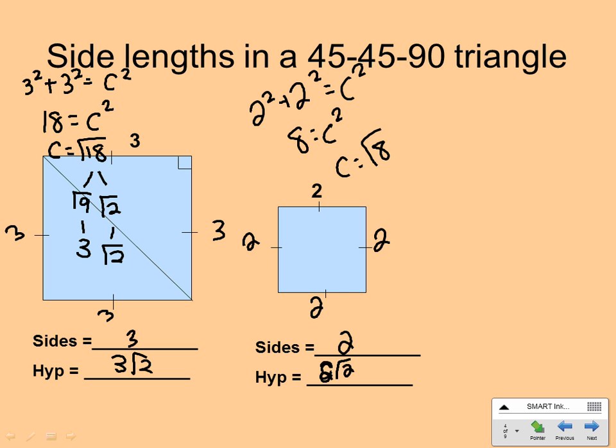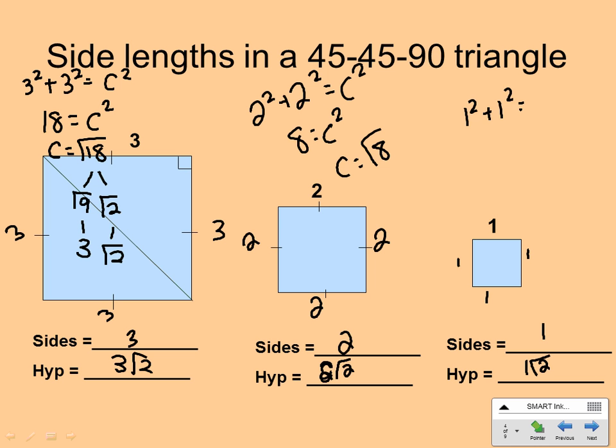See a pattern? What about side length of 1? I can take 1 squared plus 1 squared and set it equal to c squared. Well, that's 2. So c is equal to the square root of 2. See the pattern?